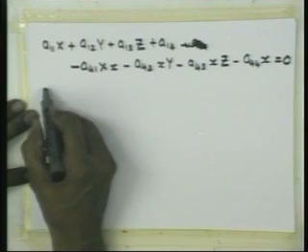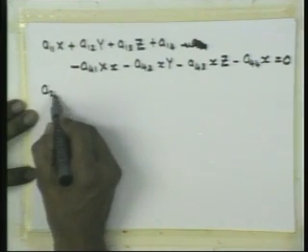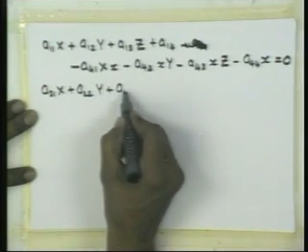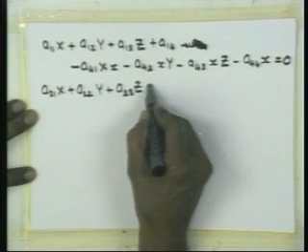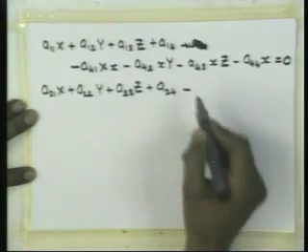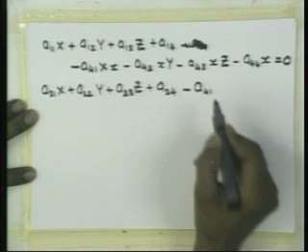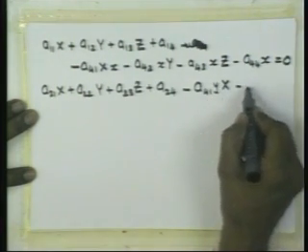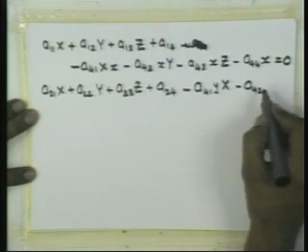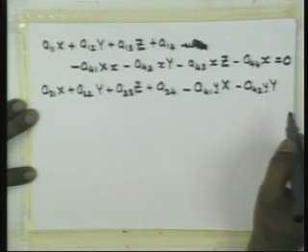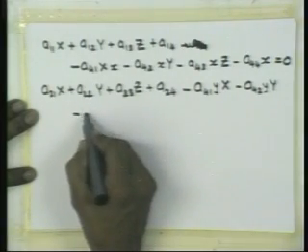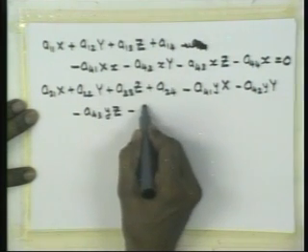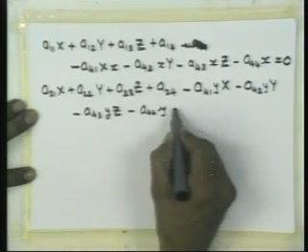Similarly I will get an equation for the second row, which is A21 times x plus A22 times y plus A23 times z plus A24, minus A41 times small y times capital X, minus A42 times small y times capital Y, minus A43 times small y times capital Z, minus A44 times small y equals 0.